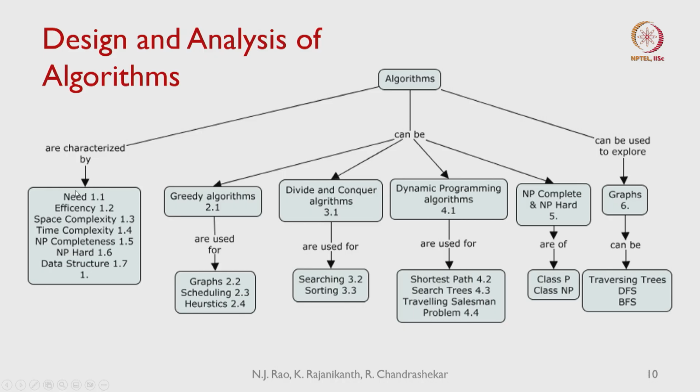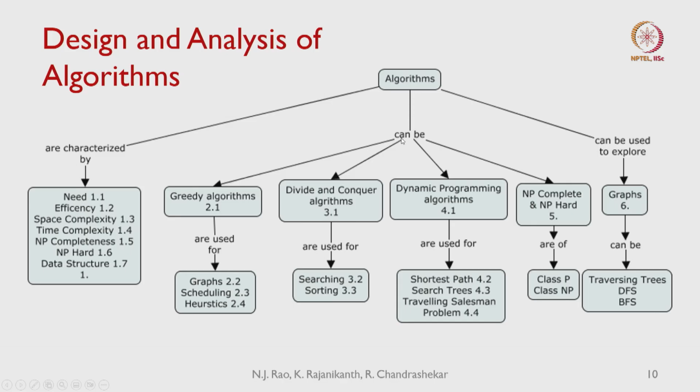Okay. So here, for example, algorithms can be greedy algorithms. That is the name given. There are a variety of algorithms. They can be greedy algorithms or divide and conquer algorithms. Again, if you look, you have one concept.